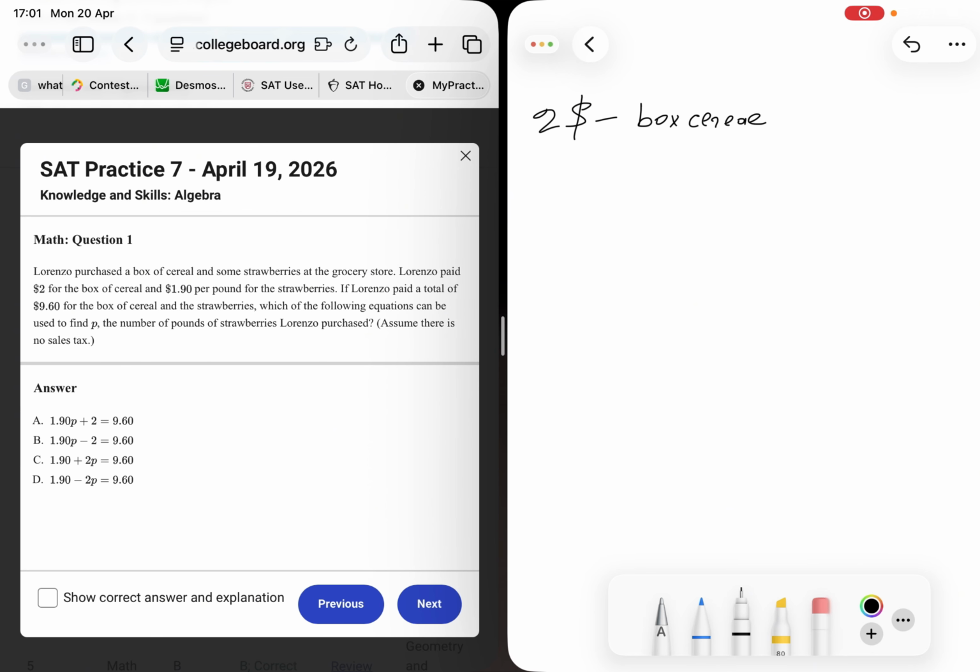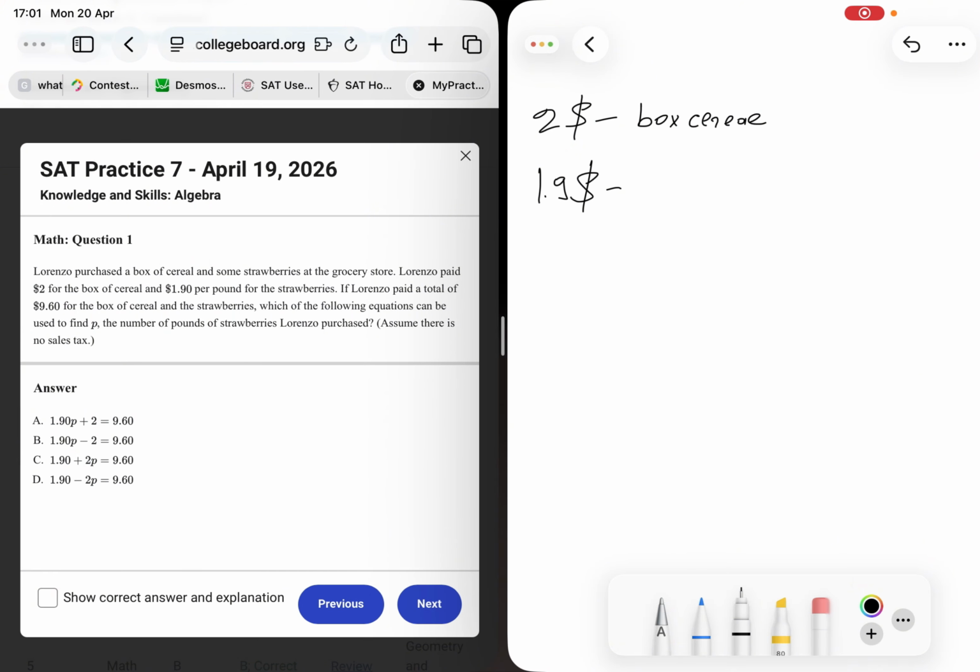Okay, and $1.9 per pound for the strawberries. Now it is interesting, because above we wrote $2 overall for a box of cereal. Yeah?